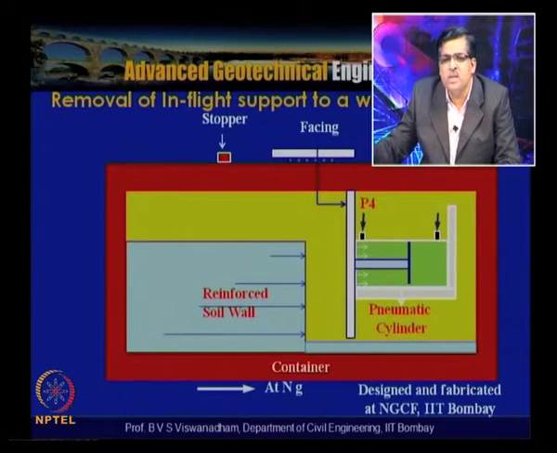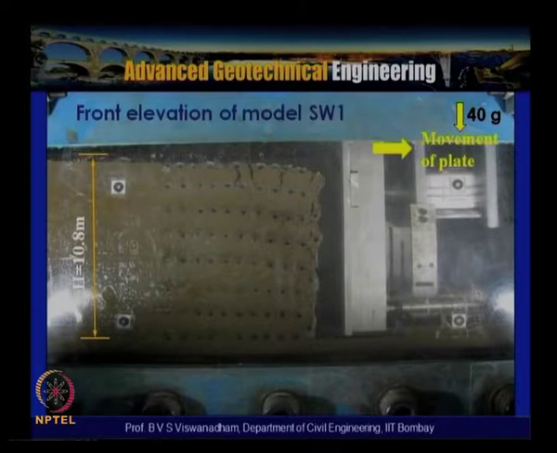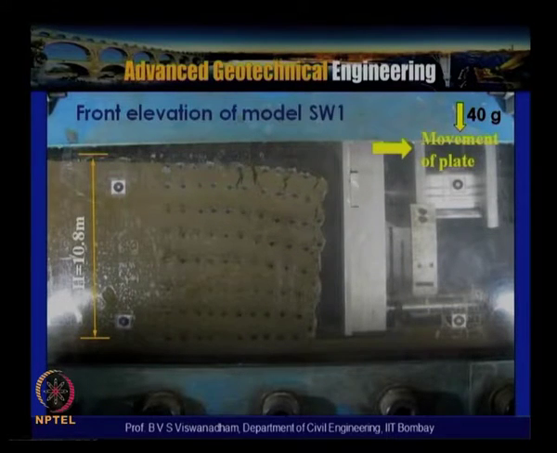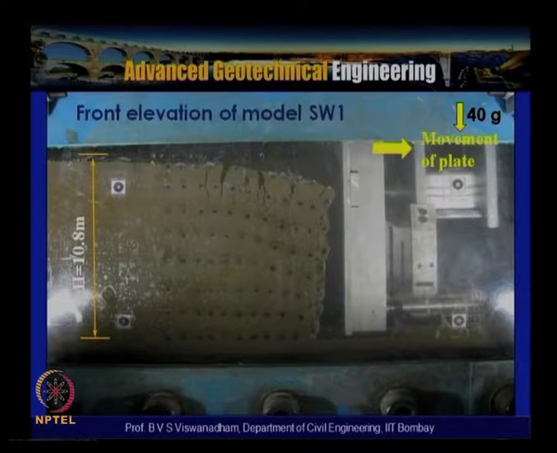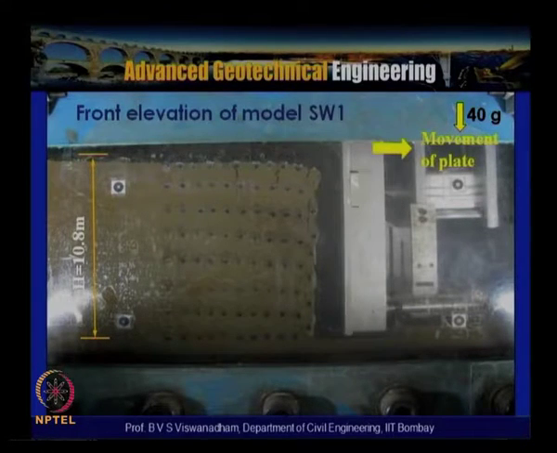So let us look at this in the real demonstration, wherein we can see a 10.8 meter wall at 40 G, and how the wall is undergoing deformation, because this particular technique allows one to test it.